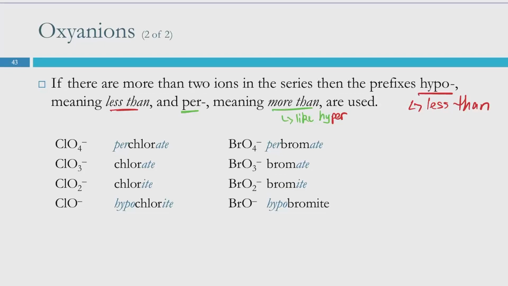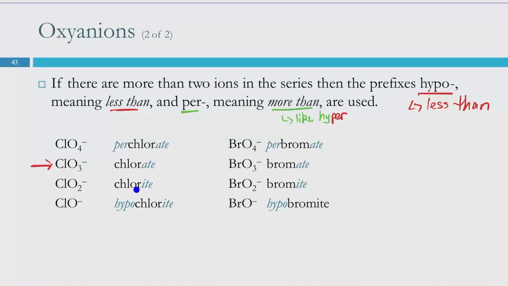So just looking at 2 possible series here, our reference is chlorate. Chlorate has the ATE ending, it's ClO3 minus. We can go from the ATE ending to the ITE ending, subtract 1 oxygen. So instead of ClO3 minus, it's ClO2 minus. Now it's chlorite. The ending has changed.